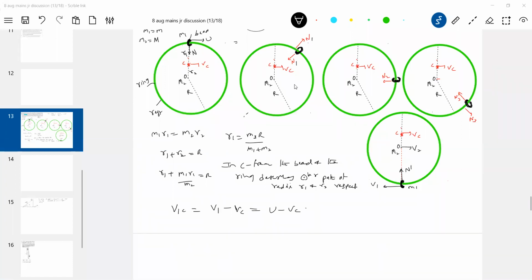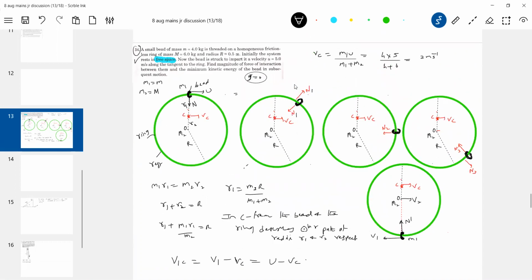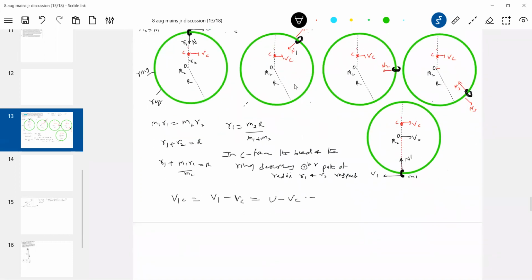Now, Vc is 2 meter per second. U is given as 5 meter per second. So I have 5 minus 2, 3 meter per second. So N should be equal to M1 V1C square by R1. Substitute this, solve it. You'll get the force of interaction between the bead and the ring.